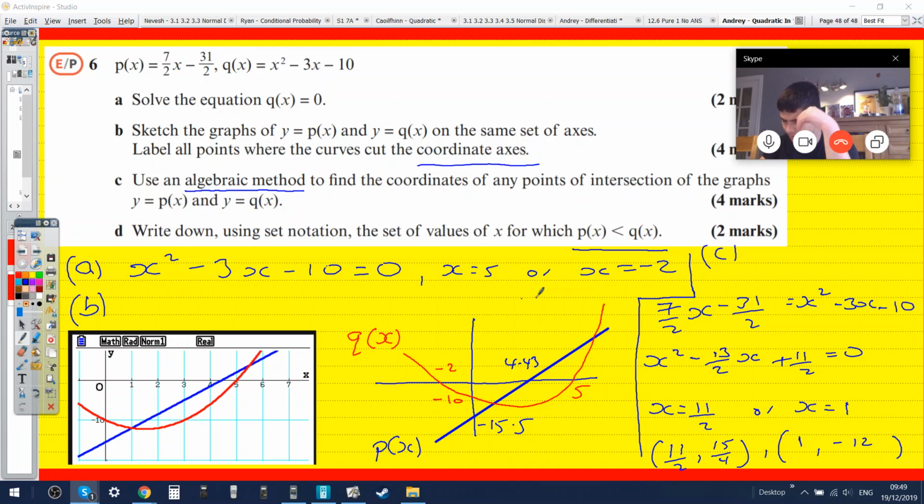I'm not sure. Where is the blue line lower than the red curve? When it crosses the x-axis, I guess.